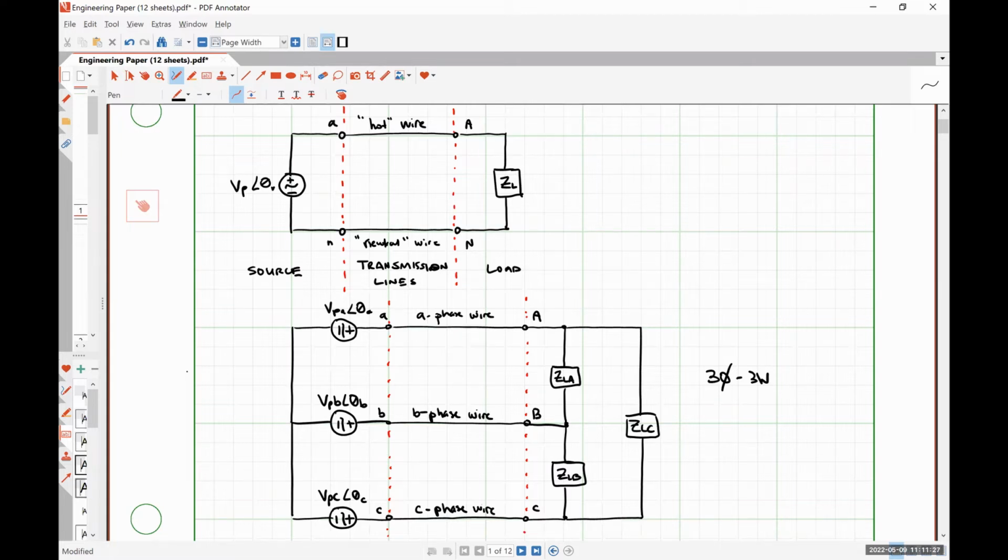So it is much more economically feasible to utilize three-phase power for distribution for this reason. We can either deliver more power using fewer wires, or we can deliver the same amount of power using smaller wires, which are inherently cheaper.